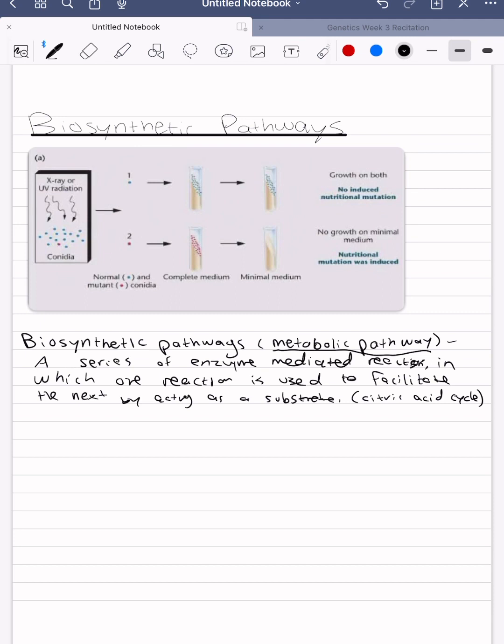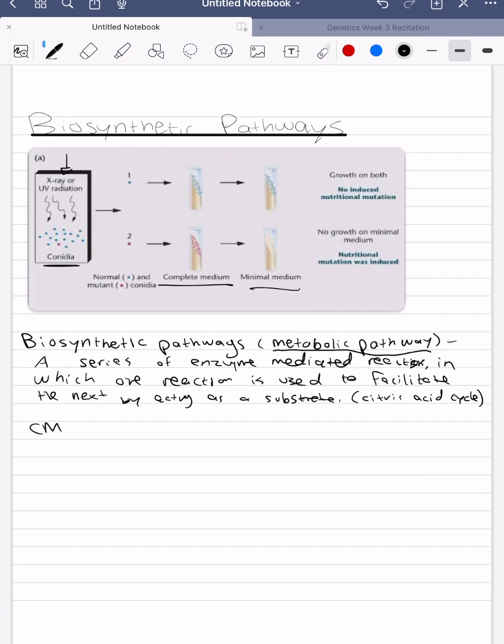It converts one form of the media through a series of steps into other media or metabolites that eventually allow it to grow. Here, X-rays or UV radiation were used to mutagenize, or damage, the DNA of this organism, and it was placed in two different types of media: complete medium and minimal medium.